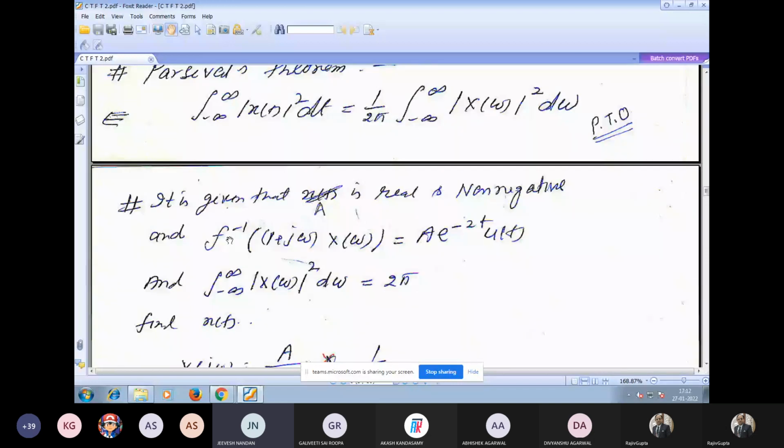Now we have a numerical. It is given that capital A is real and non-negative, and the inverse Fourier transform of 1 plus j omega X(omega) equals A e to the power minus 2t u(t). And one more condition is given, that the overall energy of the signal is 2 pi. You have to find x(t). Everybody should try.